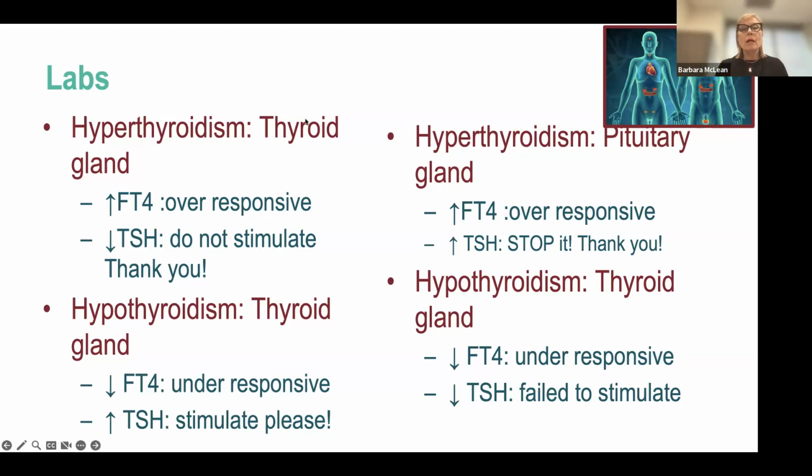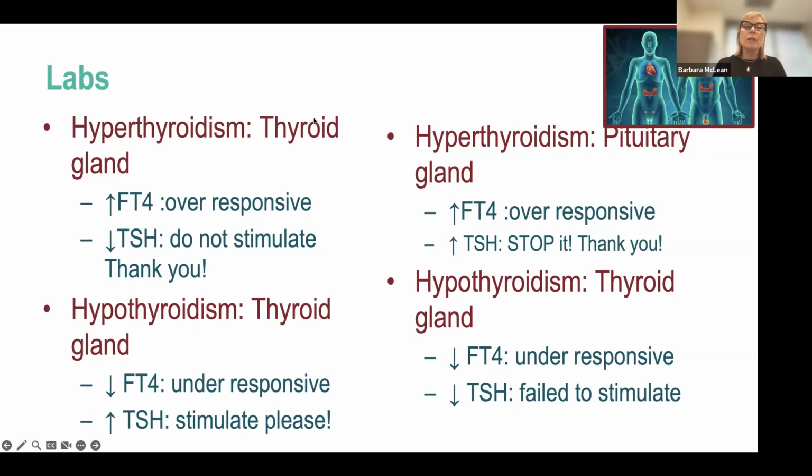All right, so if the problem is at your thyroid gland and you are behaving like you're hyperthyroid, you're tachycardic, you're hypertensive, you're hypoglycemic, you've got some other problems, we're going to take a quick look at you at this point, and we're going to see that your free T4 is up, which means your thyroid gland is over-responsive.